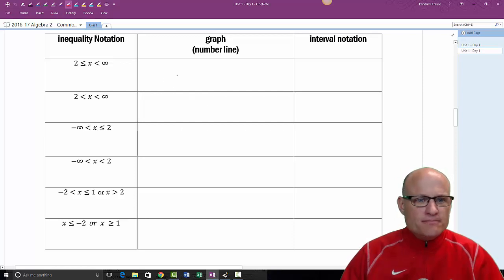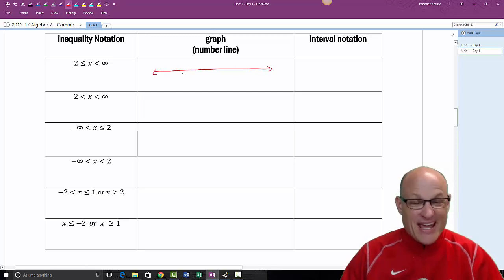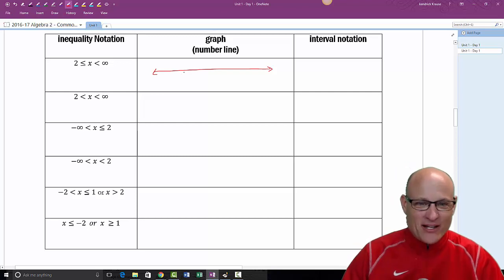All right, so I'm going to draw a number line. I'm going to graph this on the number line. Ooh, that line's kind of terrible. All right, so we go from 2 to infinity and beyond. Everybody loves Toy Story. So this is 0, 1, 2, 3, 4.